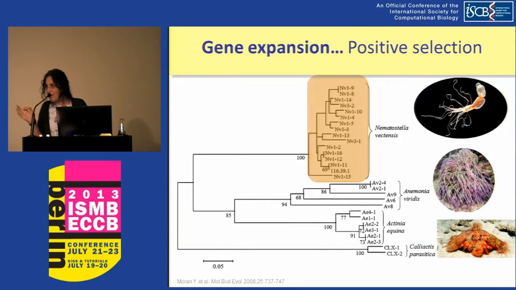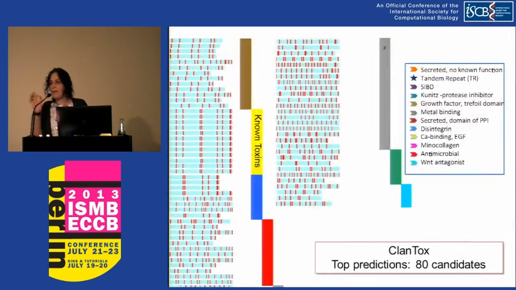Let me take you on a sidewalk just for 1 minute to show you that the creativity is more than what is seen in several aspects. For example, what you see here is the output of ClanTox. Each blue line is a protein according to its length, and in the red you can see the cysteine positions.